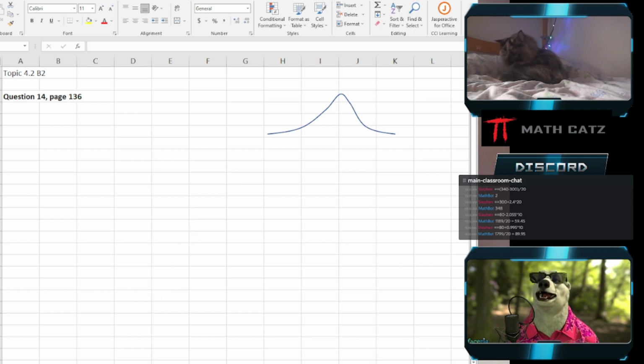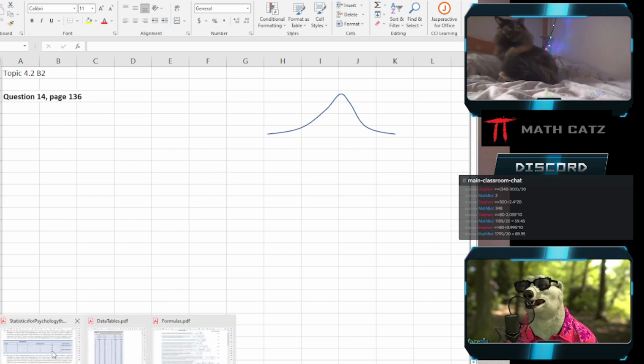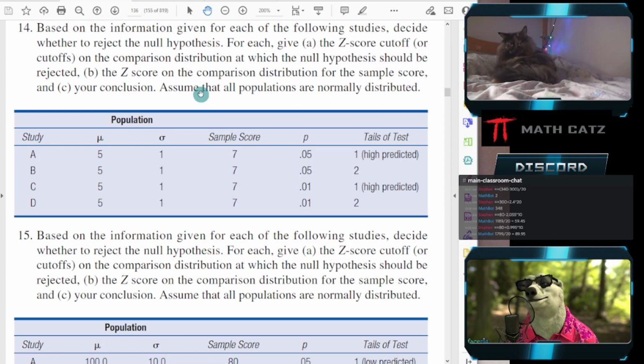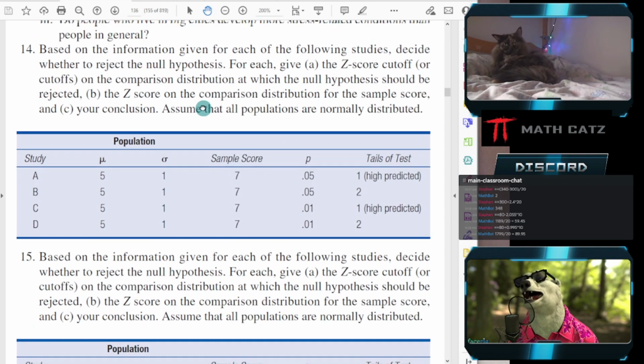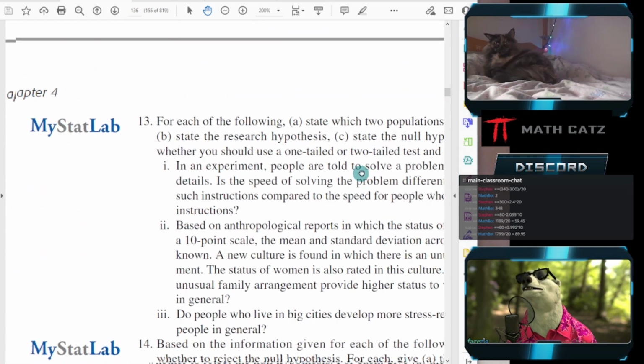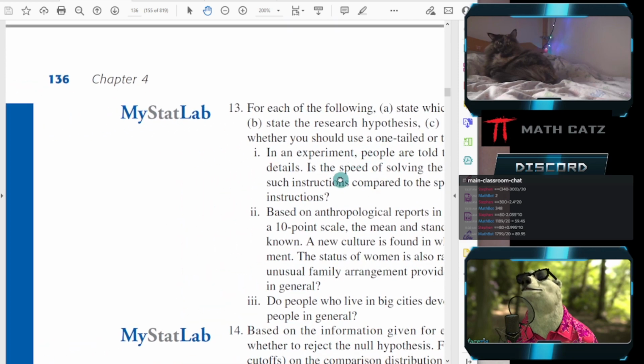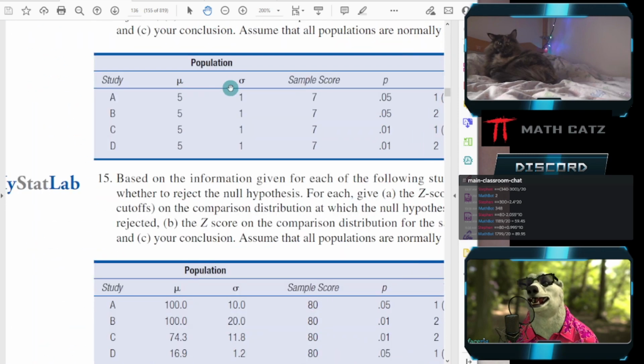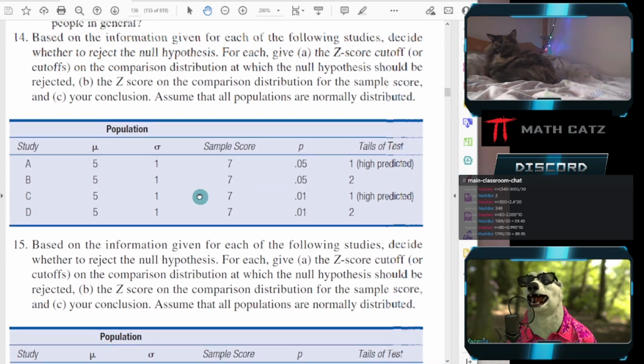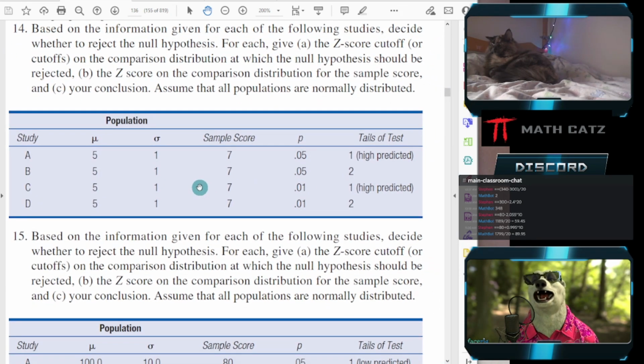We are looking at question 14, which is here on page 136. There, 136 in our book that we have used in the B1 video as well.